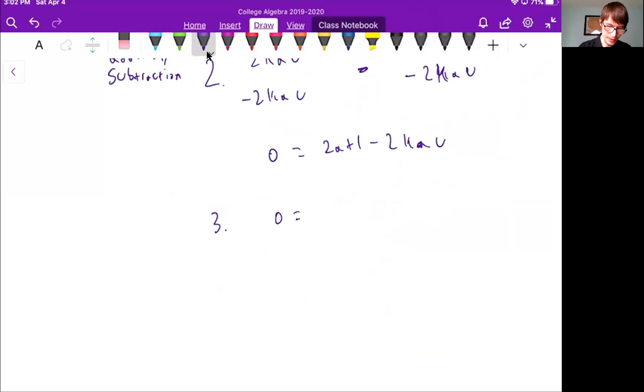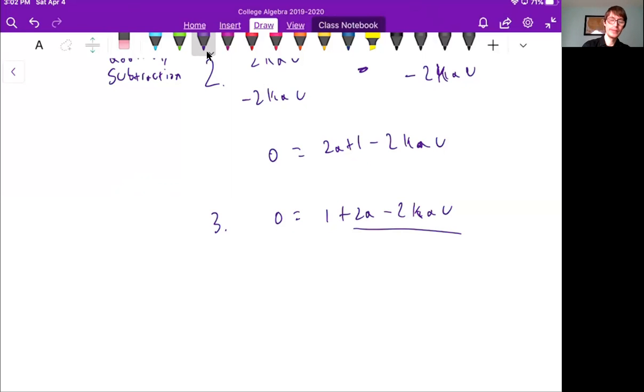0 equals, let's see, I'll rewrite this so it's a little bit clearer: 1 plus 2a minus 2kau. And all I did was switch these two, because they're addition, I can switch them like that. And now I'm going to factor out an a from these last two terms. I want to combine these a's into 1. These are like terms, so I can factor out an a.